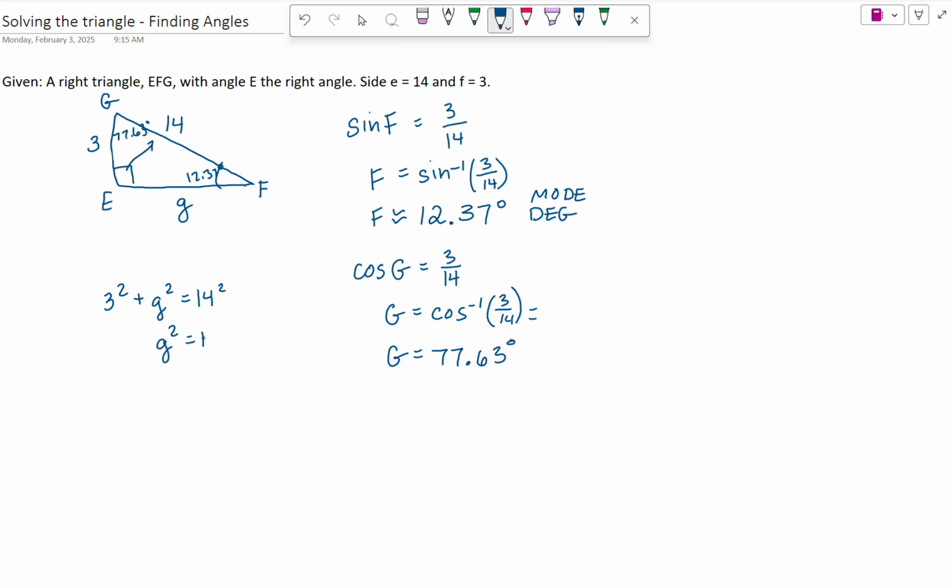Or I could do G squared, which is 14 squared minus 3 squared, and then take the square root of that. So let's see, 14 squared minus 9, 187. So G squared is 187. Take the square root of both sides and just use your calculator. You do not need to simplify square roots.